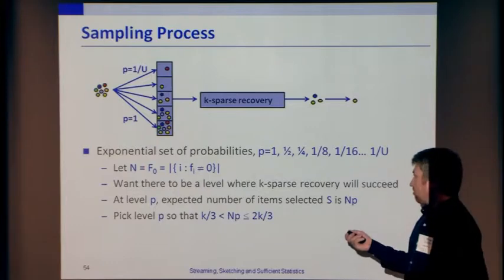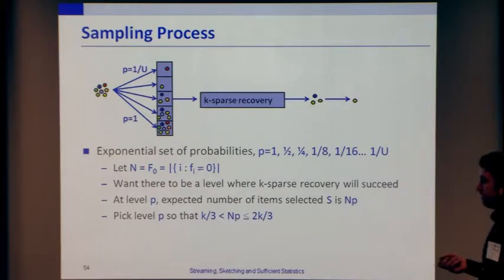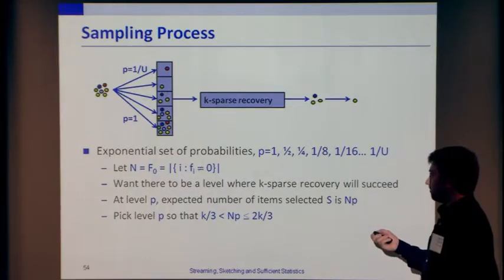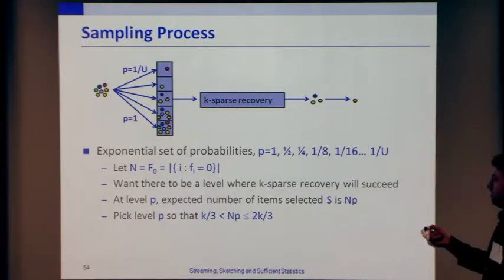So at probability 1, I'm just sampling all the indices in my vector and feeding that into an instance of a k-sparse recovery algorithm. With probability half, I'm passing half of the indices into a k-sparse recovery algorithm, probability a quarter, an eighth, down to some very fine sampling probability.